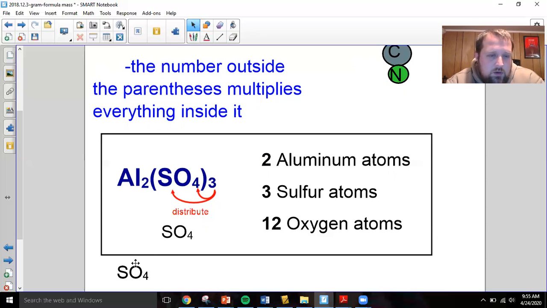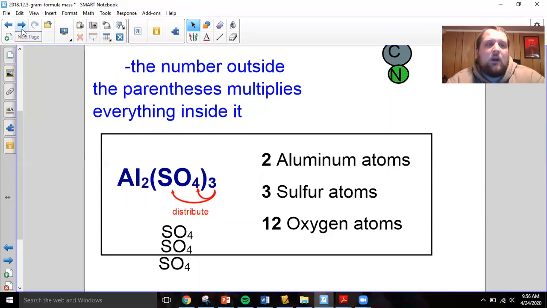So if you were to picture it, that would mean that there's 3 groups of SO4. So there's 3 S's and 4 and 4 and 4 is 12 O's. So if you just multiplied 3 times 1 S is 3 S's, and 3 times 4 is 12 O's. So we can imagine, like we could draw a picture of this if we wanted to.